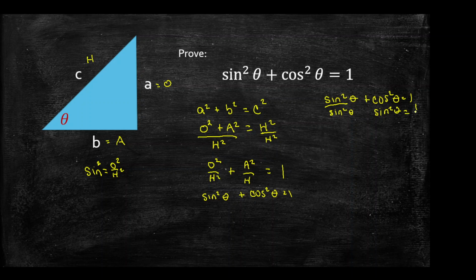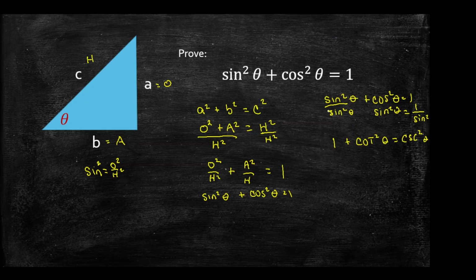Then this would be 1 over sine squared. So what does this equal? This is 1. And then cosine over sine is cotangent, right? So 1 plus cotangent squared theta equals, and then what's 1 over sine squared? Well, 1 over sine is cosecant, right? So this would be cosecant, csc squared theta.